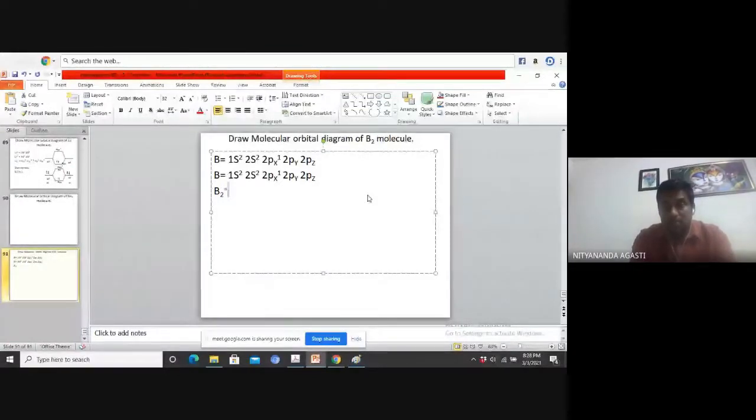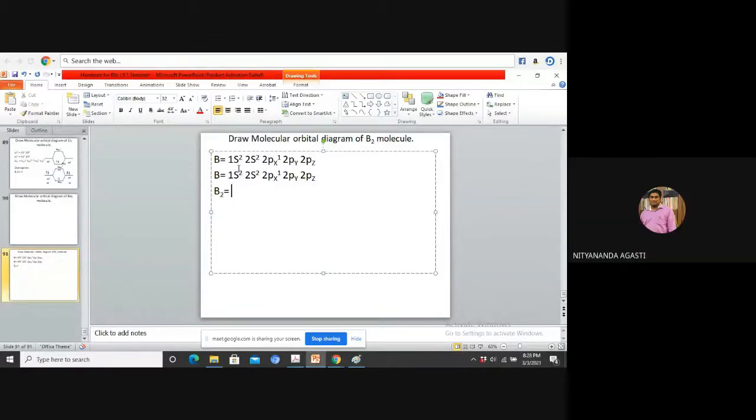Same thing, atomic orbitals of similar energy and similar symmetry, atomic orbitals of 2 different atoms. Look at this, 1s. 1s of this boron will combine with which orbital? 1s can combine with 1s, similar symmetry and similar energy. 2s has similar symmetry but not similar energy.